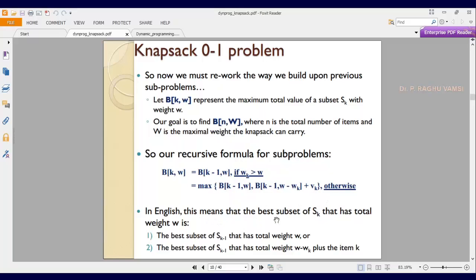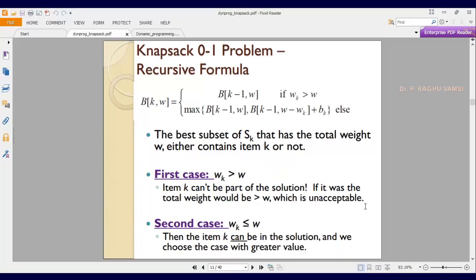So in English, this means that the best subset of Sk that has total weight w is either the best subset of Sk minus 1 that has total weight w, or the best subset of Sk minus 1 that has total weight w minus the current weight, plus the item k. This is the cross-checking we are going to do, computing these values and moving forward. So finally, the recursive formula can be defined like this.